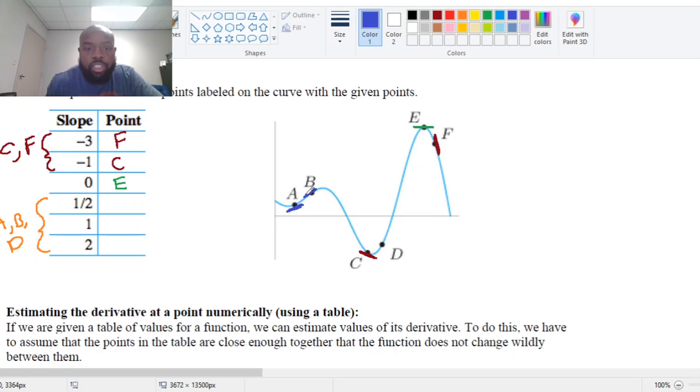This one will be a little steeper, and this one will be the most steep, the tangent line there for point D. So D is the most steep, A is the least steep. That means that B is going to have the medium steepness. So that's just looking at and matching the slopes of tangent lines with values and comparing in that manner.